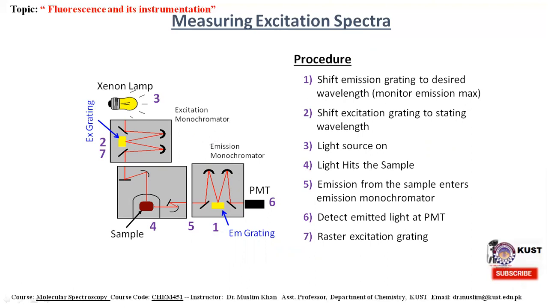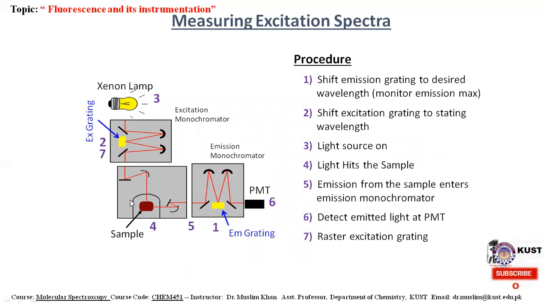somewhat similar to the emission spectrum. When you are measuring excitation spectra, shift the emission grating to the desired wavelength, and shift the excitation grating to the starting wavelength. Light source on, then light hits the sample.